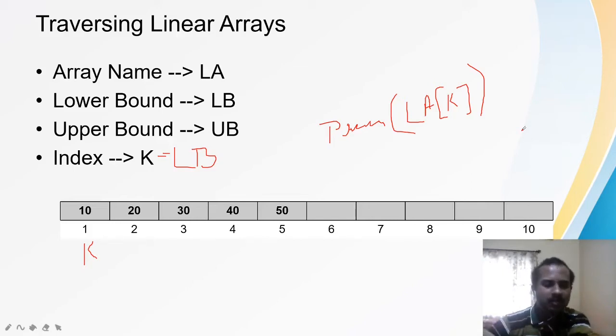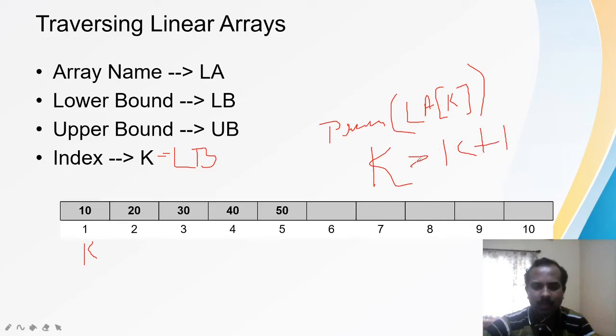Till what? I have to go till UB. My K should be equal to UB, right? So what I am going to do? After that I'll increment the K. K is equal to K plus 1. Now when I increment the K value, it will become 2.